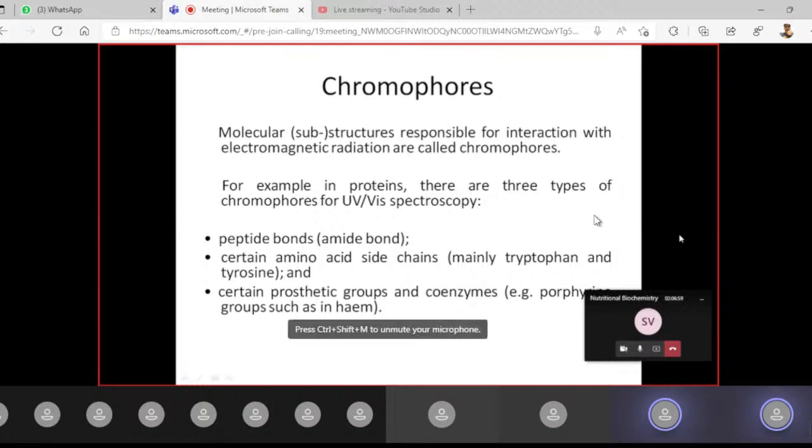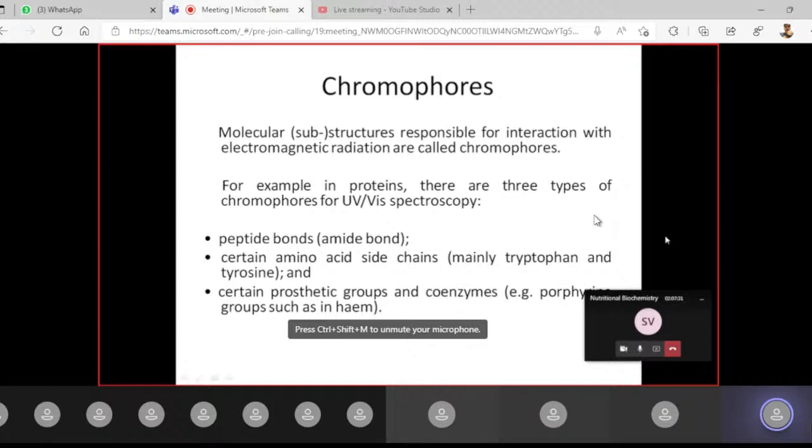Benedict solution? That is a qualitative test. Here you use what is known as DNS, dinitrosalicylic acid. When carbohydrates react with DNS, your reducing sugars will form orange color, red color. Like that, proteins react with biuret, they will form purple color. Or when amino acid reacts with ninhydrin, they will form a purple color. So you have to form a colored complex for the molecules to absorb in the visible range.